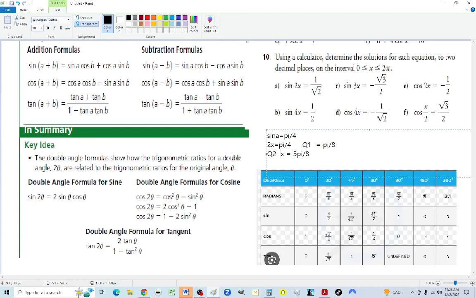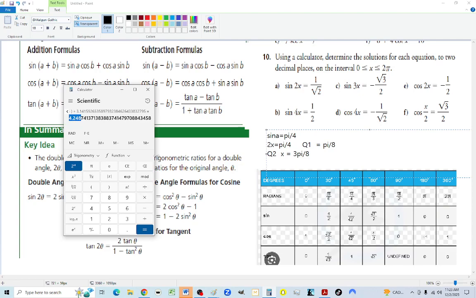And it might even still not fall in quadrant 2. But to figure out that you got it right, you go back and put it in your calculator. And you say, okay, if x is 3 pi over 8, I'm going to switch to radians.